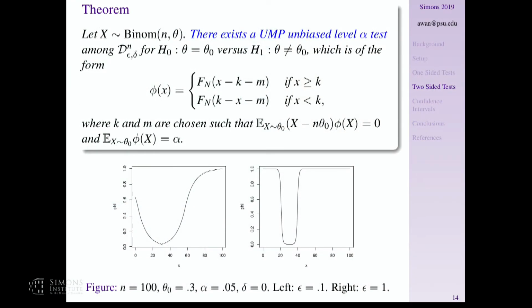This condition, you'll see if you read a textbook on classical statistics. It's basically checking that the covariance between X and phi of X is 0. And it turns out that that is equivalent in this setting to checking for unbiasedness as we defined it. So if you can find your k and m such that these two equations hold, then it is the UMP test, and we can show that there is always a solution. So it's just a matter of finding it.